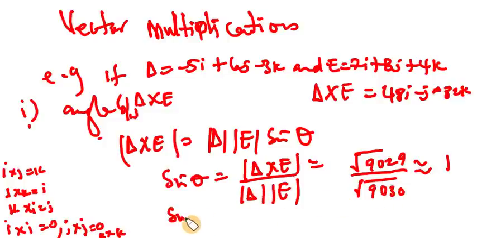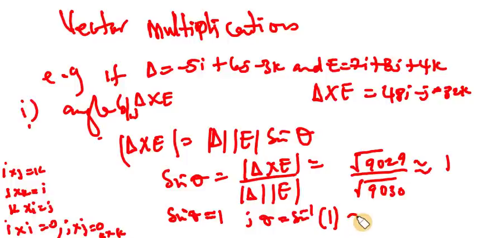So we're now having that sine theta is approximately 1. So theta is sine inverse of 1, which is 90 degrees. So the angle between the two vectors D and E is 90 degrees from this relation.